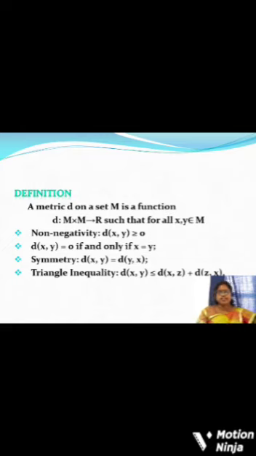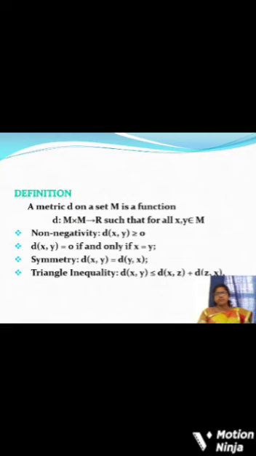First condition is non-negativity. That is, the distance between any two points should be greater than or equal to 0. Second condition is d of x comma y equal to 0 if and only if x equal to y. That is, the distance between any two points is equal to 0 only if the two points are equal.